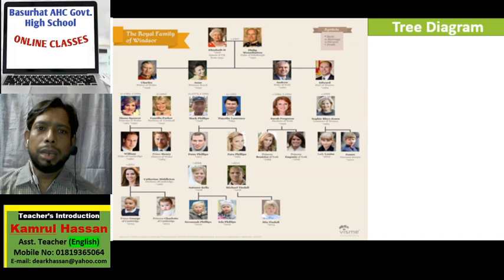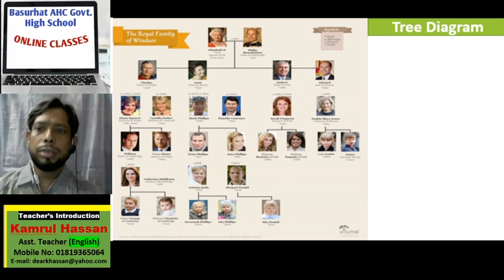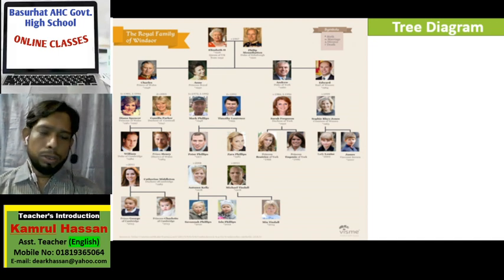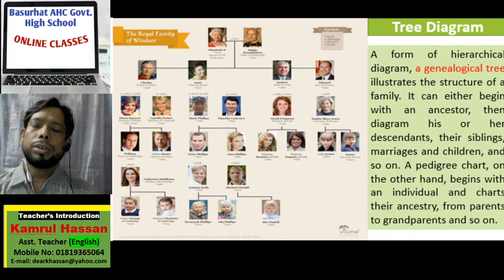As a tree has a lot of branches, in the same way this graph also has branches, showing some parts, like the parts of a tree. So that's why this graph is called a tree diagram or tree chart.